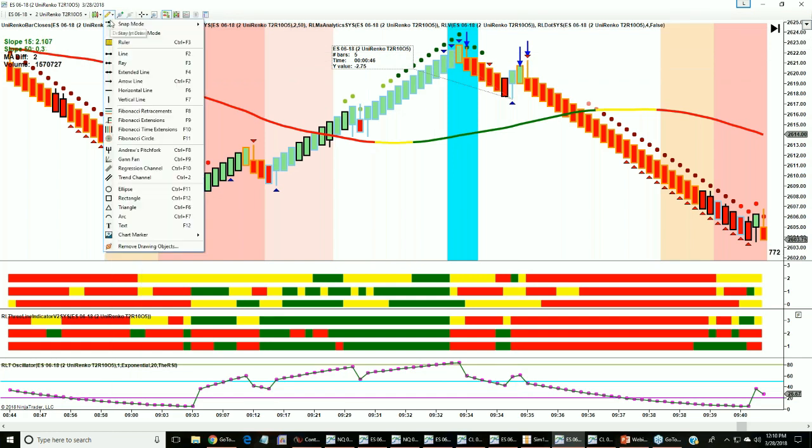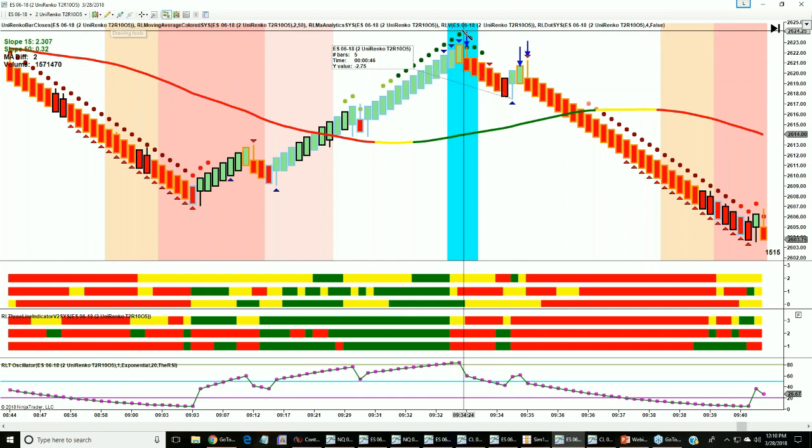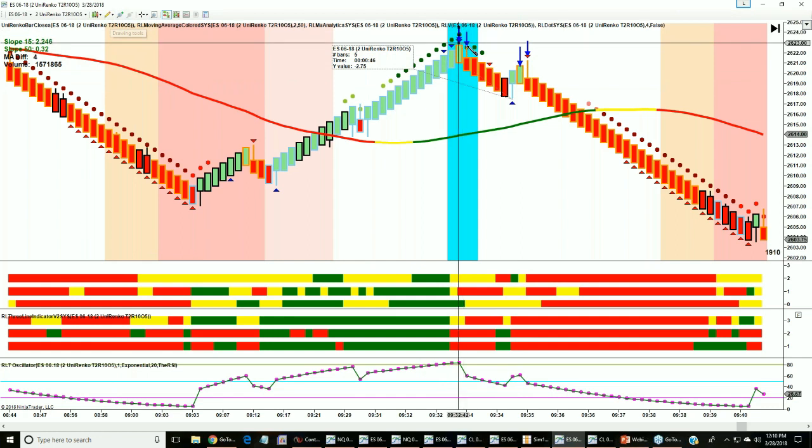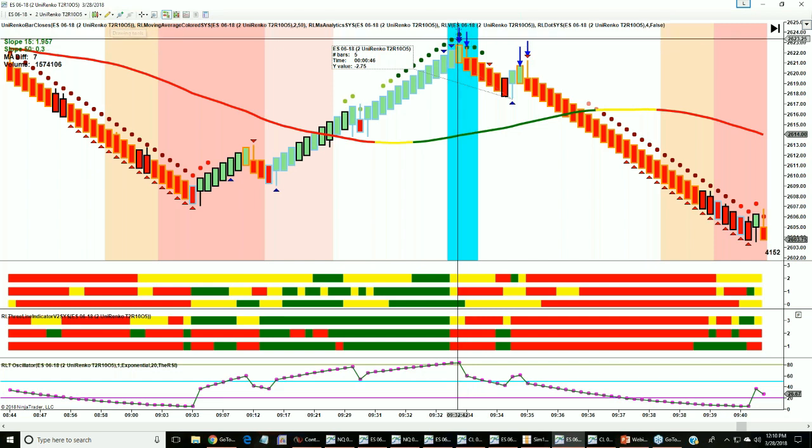And here was the trade too. I took it, this is a pure counter trend. That background color means the multi-time frame assessment of the E-mini is long. So I'm trading against the direction of the NASDAQ and the Russell.